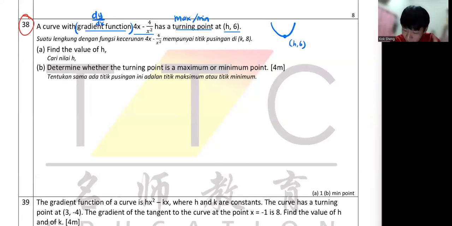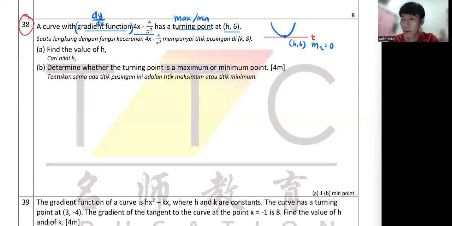This is the lowest point or the highest point of the graph. So at this tangent, the gradient will be 0. That's the meaning of the turning point. The gradient of the tangent is 0.